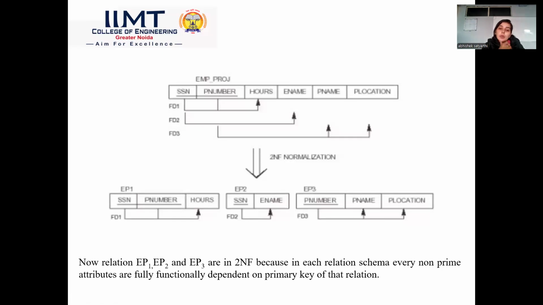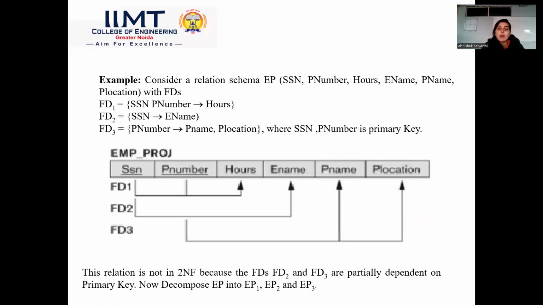How can we decompose? We have the primary key as SSN and P number. So every non-prime attribute must be derived from the combination of SSN and P number. Since Hrs is a non-prime attribute and Hrs is derived from SSN, P number, from functional dependency 1 there is no issue.